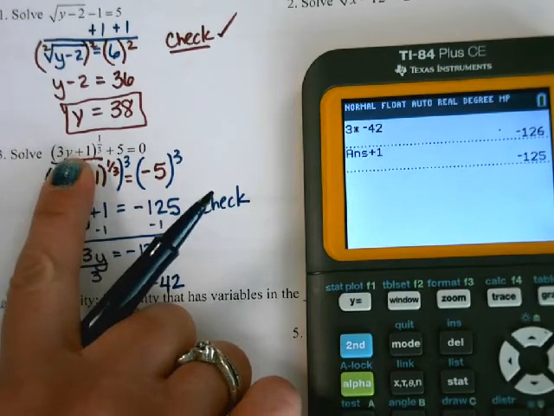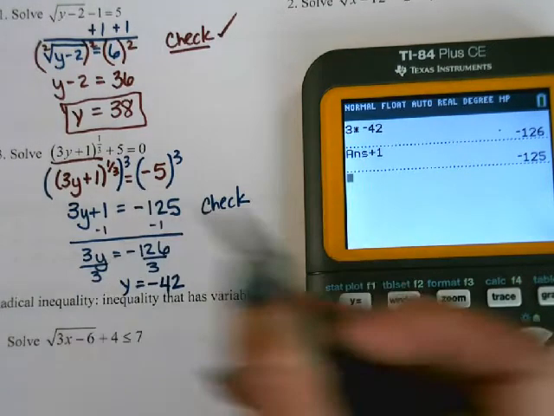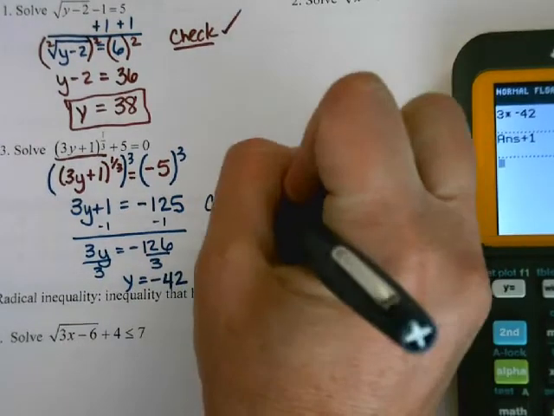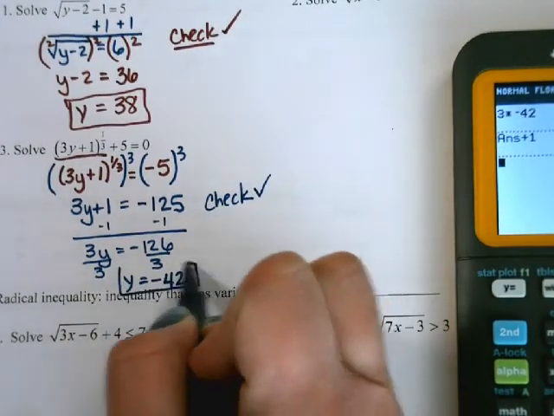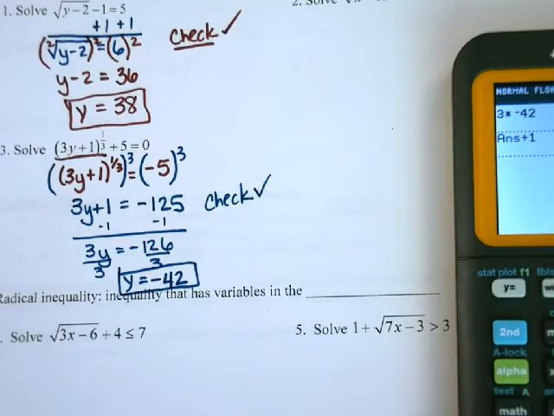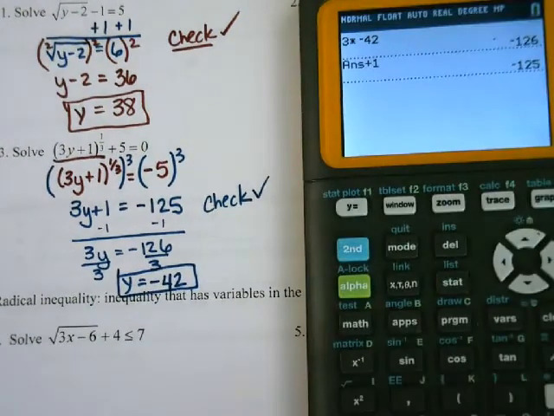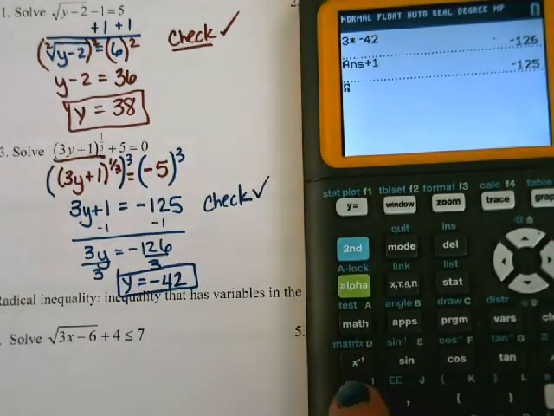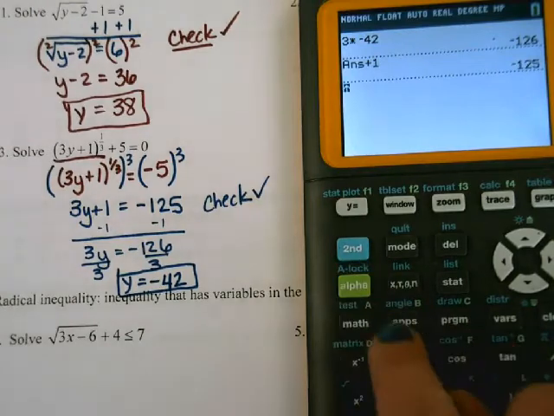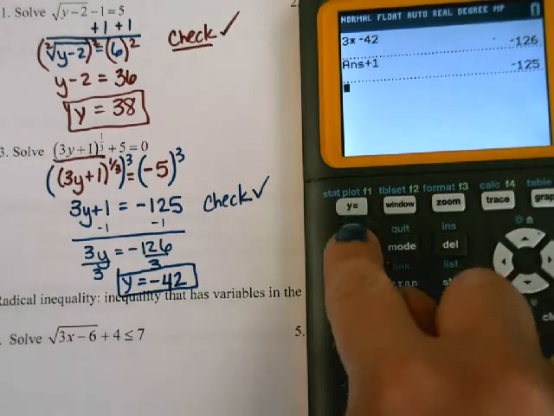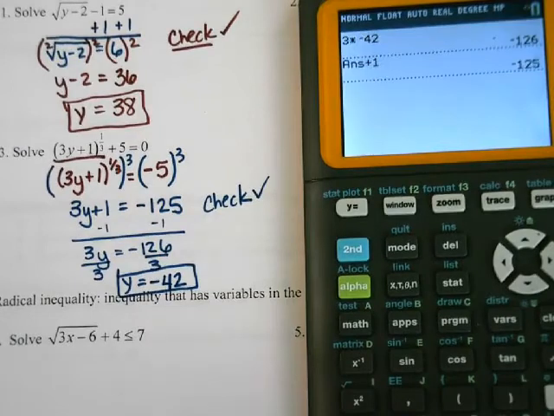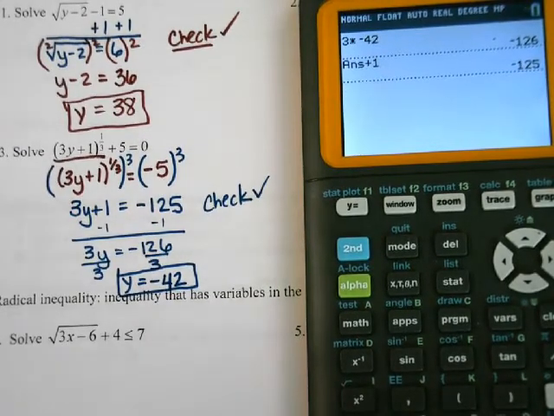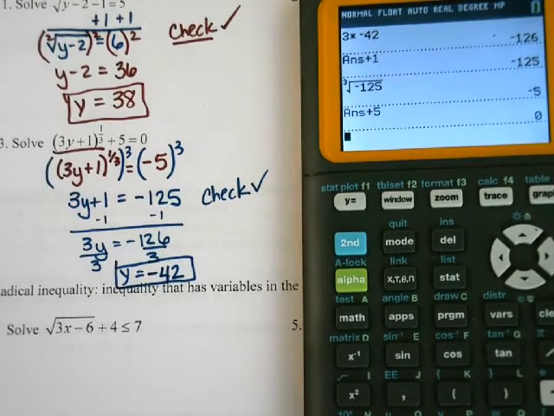And then negative 5 plus 5 does indeed equal 0. So that one is good. You can type it into your calculator too if you're not sure. Negative 5 plus 5 is indeed 0.